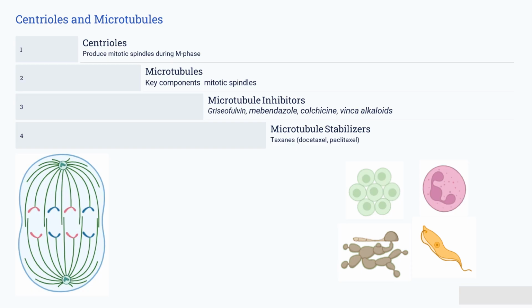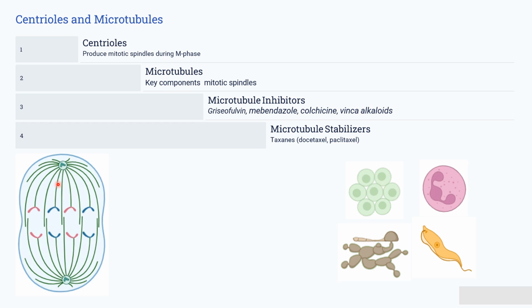Now we are going to see about centrioles and microtubules. So this is a centriole. The centriole is the one which will produce mitotic spindles during M phase. Here you should know that these are the microtubules. They are the key components in the mitotic spindles itself. There will be microtubule inhibitors and microtubule stabilizers.